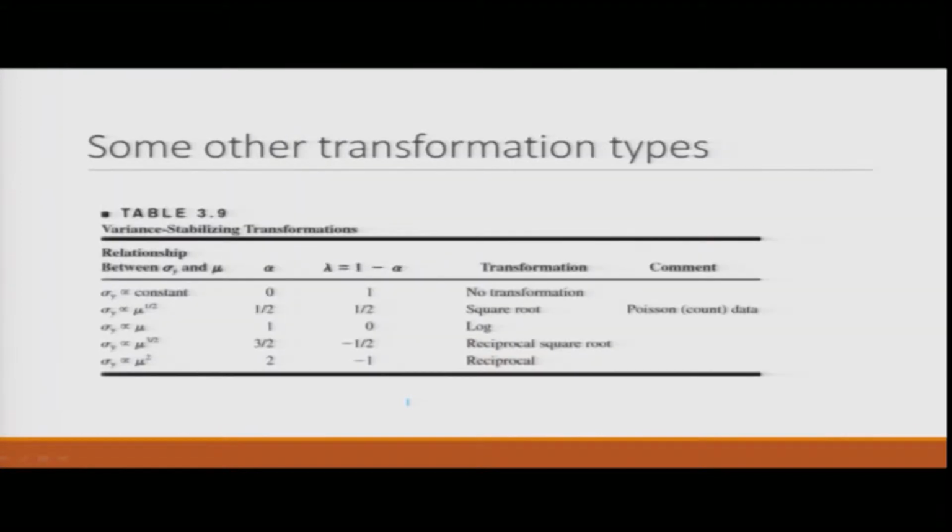Other transformations are variance stability transformations. If the relationship between the standard deviation and the mean value is such that the standard deviation is proportional to a constant, and the alpha value is 0, then no transformation is utilized.